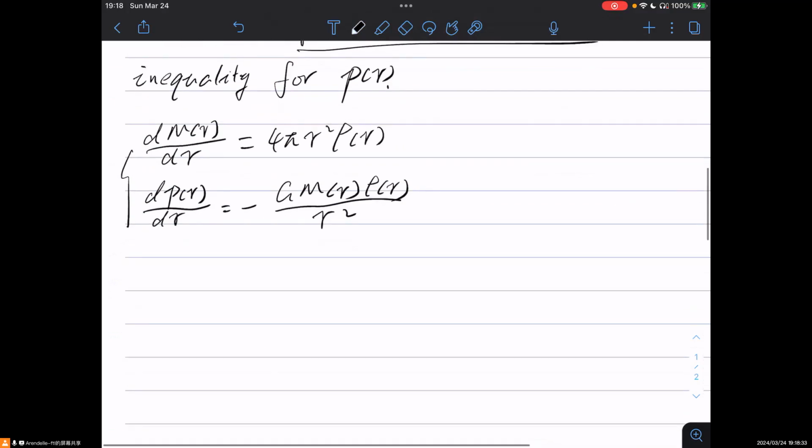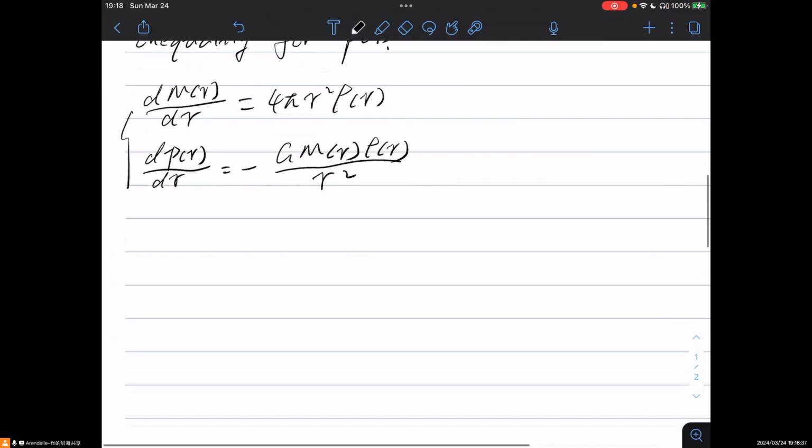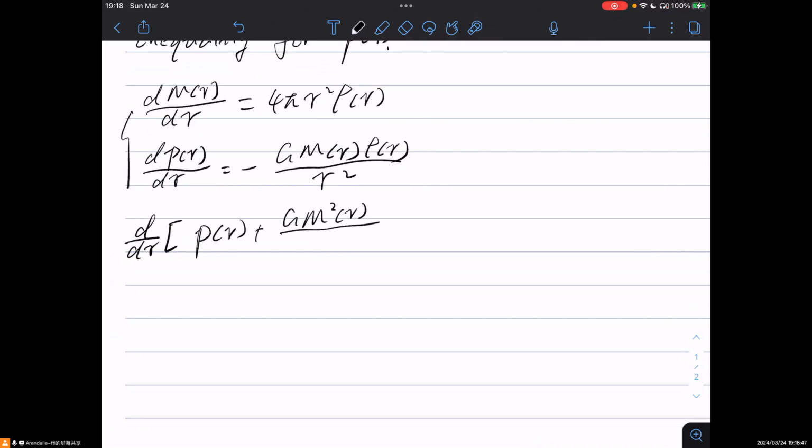Now we will use these two equations to infer the inequality for pressure. Consider this derivative, G m squared(r) divided by 8 pi times the fourth power of r.